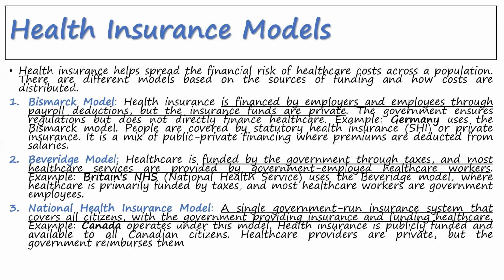If you get sick, the insurance company is going to pay, not you. But every month you have to pay the insurance company, say $2. Every month you pay $2, and we normally call this the premium.